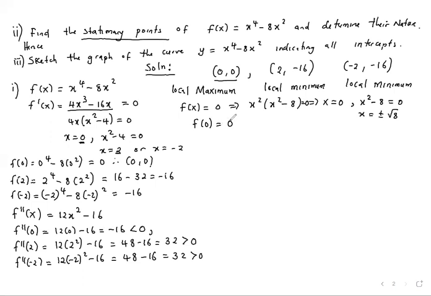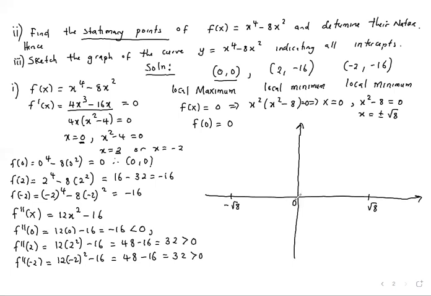So we can sketch. Six marks. The intercepts: negative root 8, positive root 8, and 0.